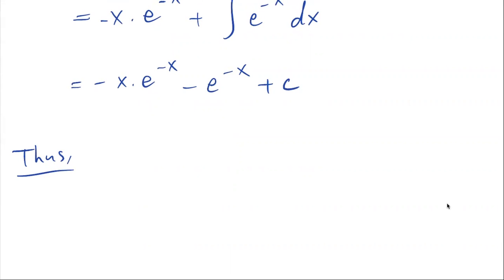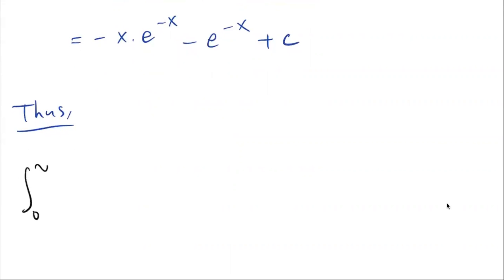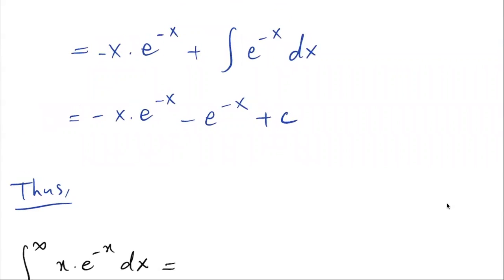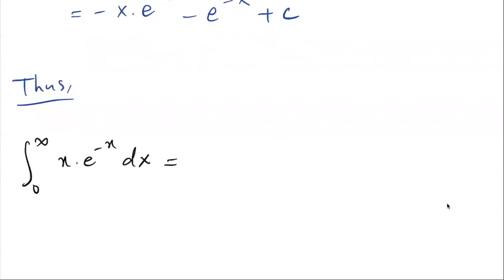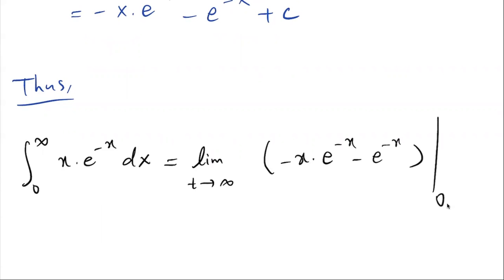And for the definite integral, the integral from 0 to infinity of x e to the minus x dx, I can say that this is the antiderivative, so I have to calculate this between 0 and infinity. So then this will be the limit as t goes to infinity of this function, minus x e to the minus x minus e to the minus x, calculated between 0 and t.